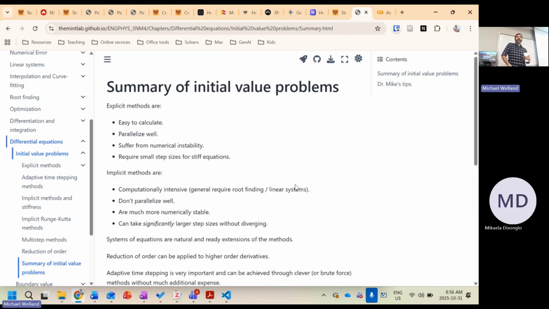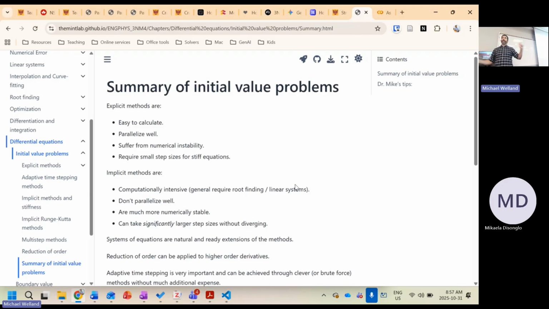Okay, let's do a summary because that was a whole lot of different options. Explicit methods, easy to calculate. They parallelize well. Because you're only using information that you have, you can split it up. You guys work on one part, you guys work on the other part, and we'll get together at the end and stitch that all together. That works with explicit methods.